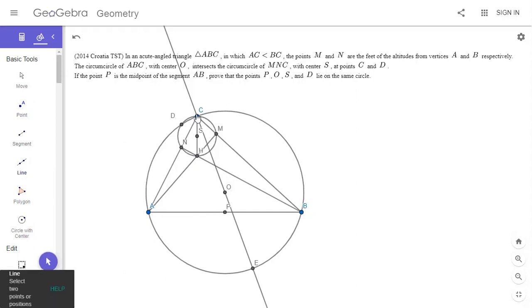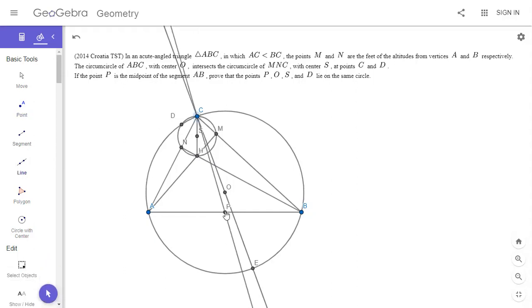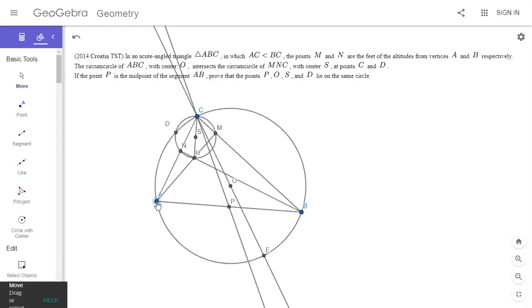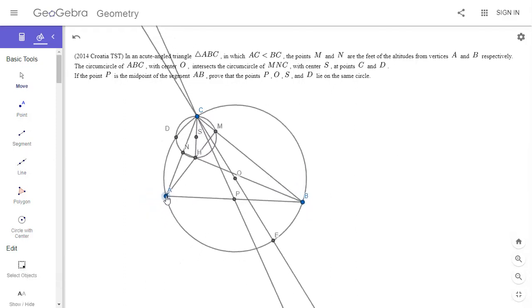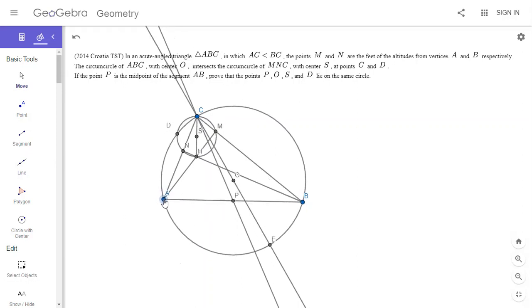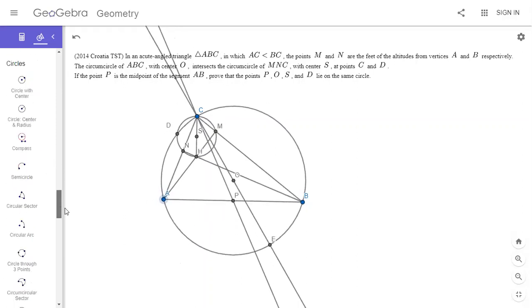I don't see an easy way to dilate D, but maybe there's a trickier way. So P would go to the point that makes a parallelogram, right? I don't know if you guys have seen this on my channel, but if you take the circumcircle of AHB, P goes to that point.